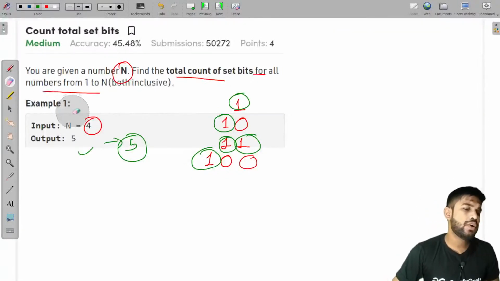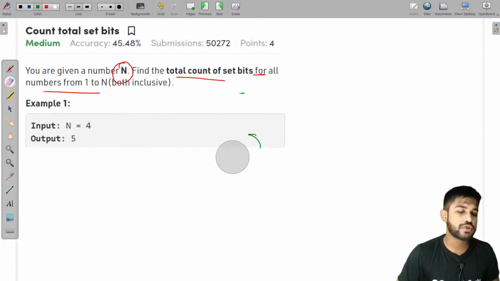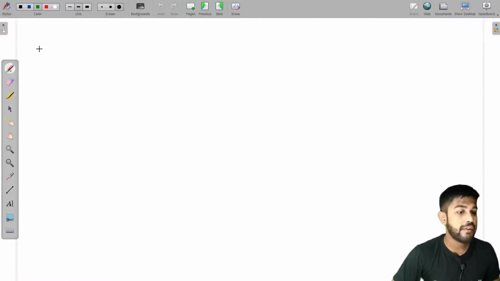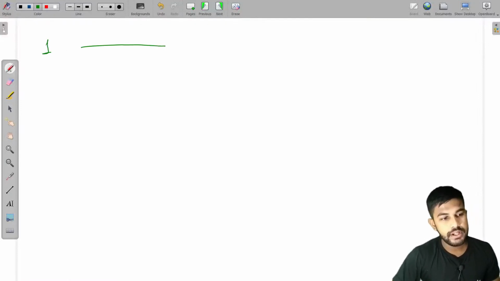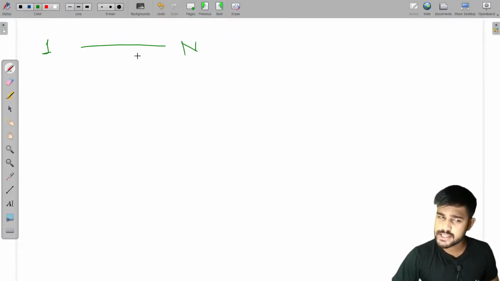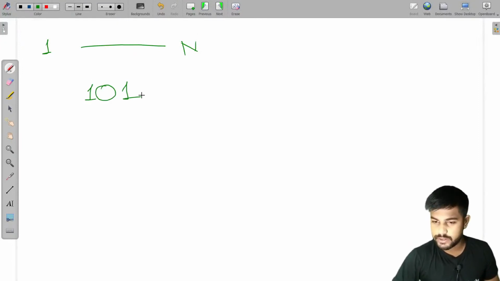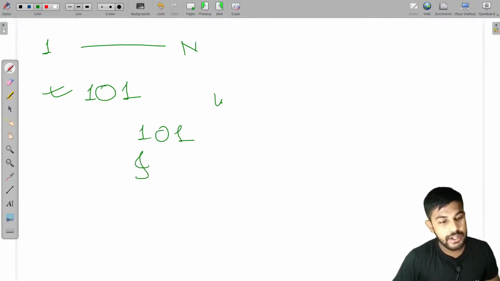Now to solve this problem, one way is that we would take the numbers from 1 to n itself, and we would count the set bits in each of the numbers. How would we count the set bits of a number? Suppose we have a number as 101. While this is greater than 0, we would do 101 and with 1.